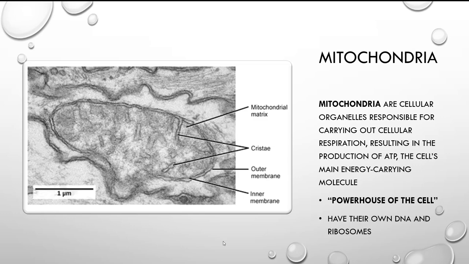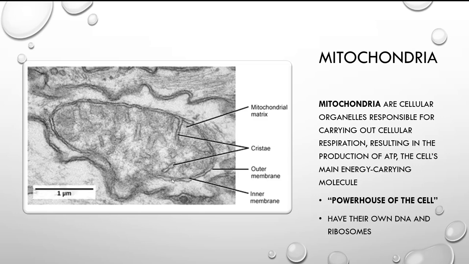All right, so now we're going to look at some of the organelles found within the cell that are not part of the endomembrane system. The first one is the mitochondrion. The mitochondria, that's that little kidney bean looking thing. This is what it looks like under a microscope. Think of it as the powerhouse of the cell, basically the power plant of the cell. This is where the energy is coming from.